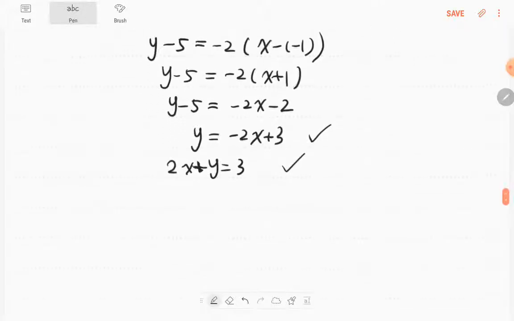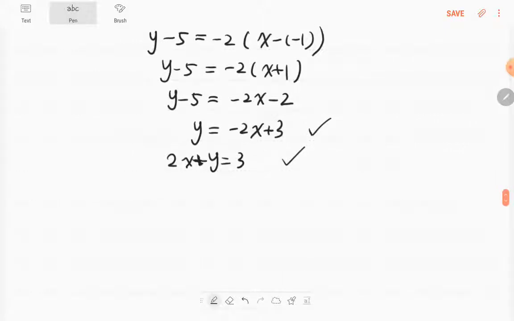Okay? So we could use point-slope form to help us to list the equation when we are only given the slope and one random point.